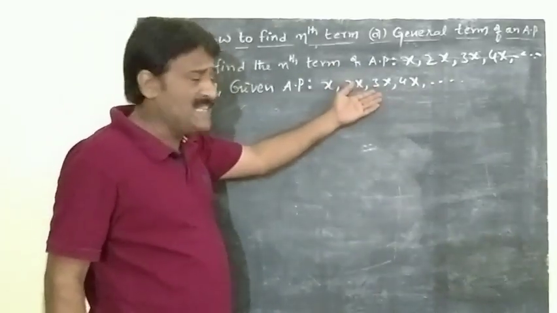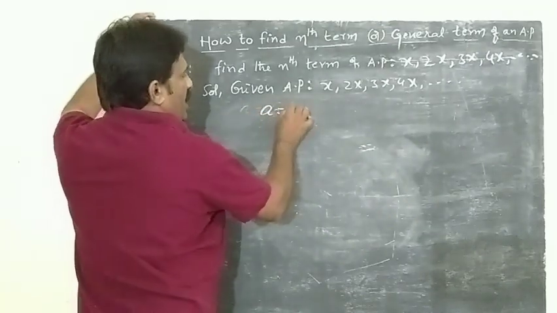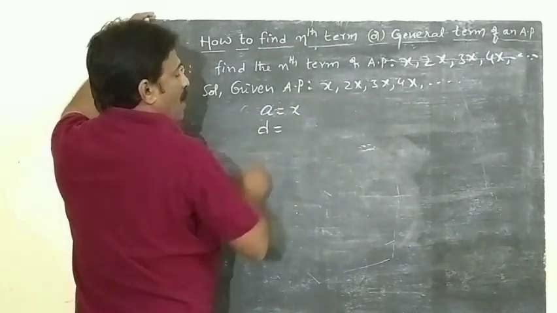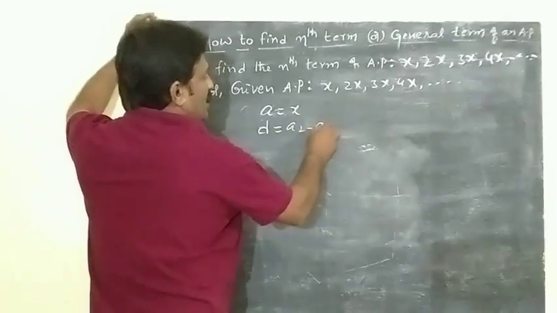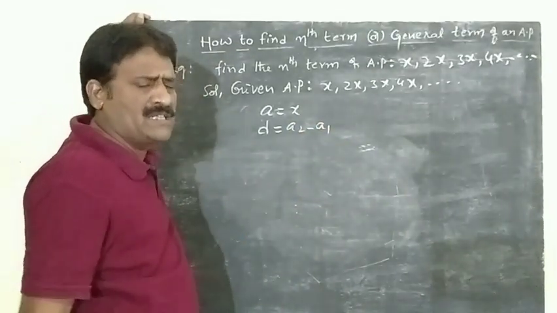Clearly this is already given in AP. So the first term a is equal to x, and the common difference is the second term minus the first term, or the third term minus the second term.